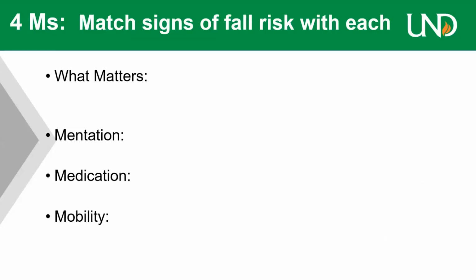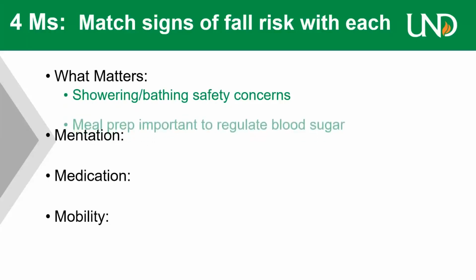What is most important from her case study? She said she had a few falls and is trying to stay safe, and falls in the tub and shower are most concerning. So that has to do with what matters when we look at the 4 M's of geriatric care. So what else falls under what matters?